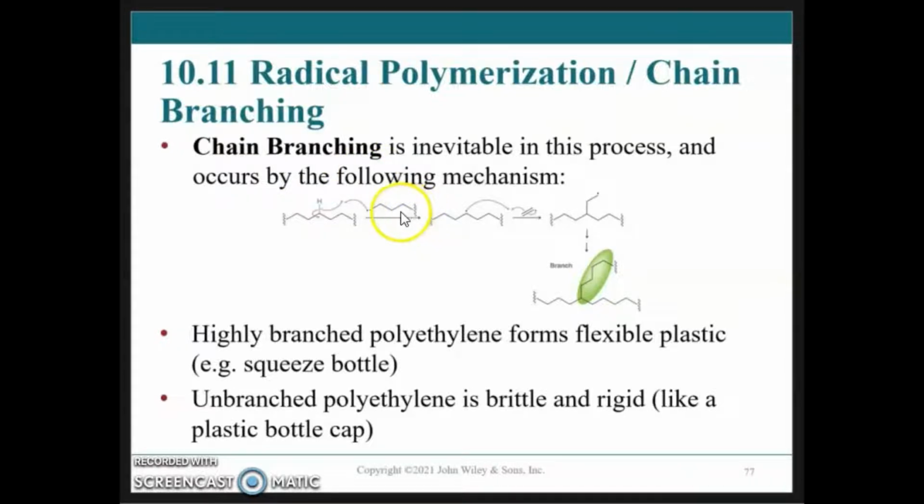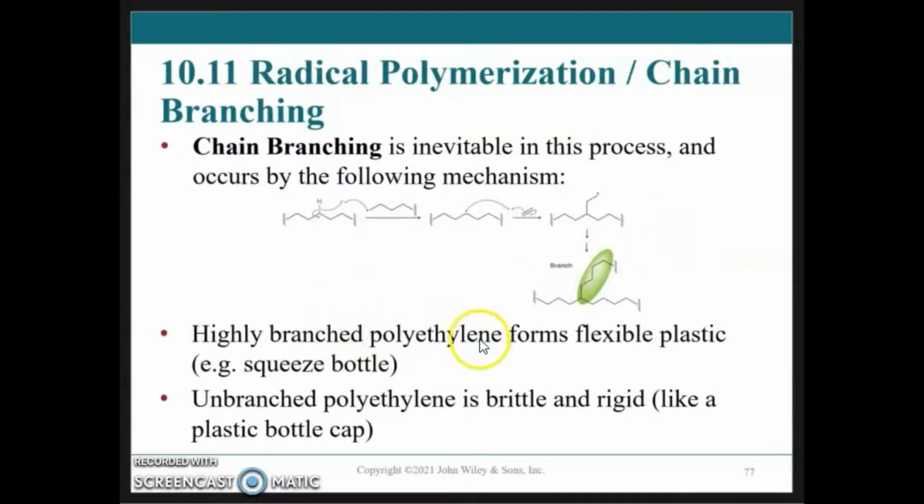So in this reaction mixture, chain branching is inevitable. We have an alkyl radical abstracting a hydrogen and generating a radical in the chain, and then this can add to a monomer unit and begin a chain branch. And this may terminate quickly, or it may grow to be quite long.